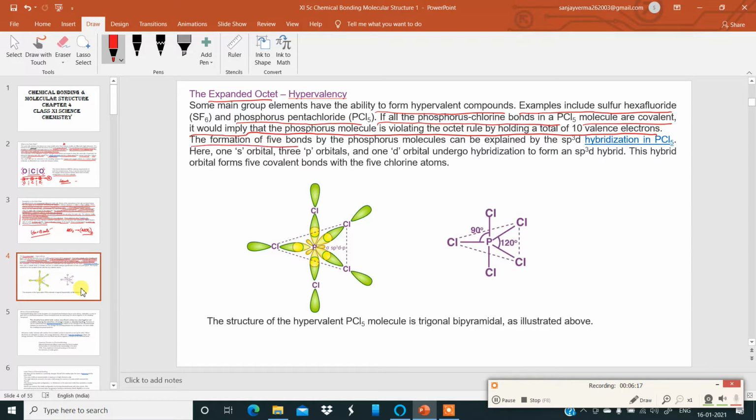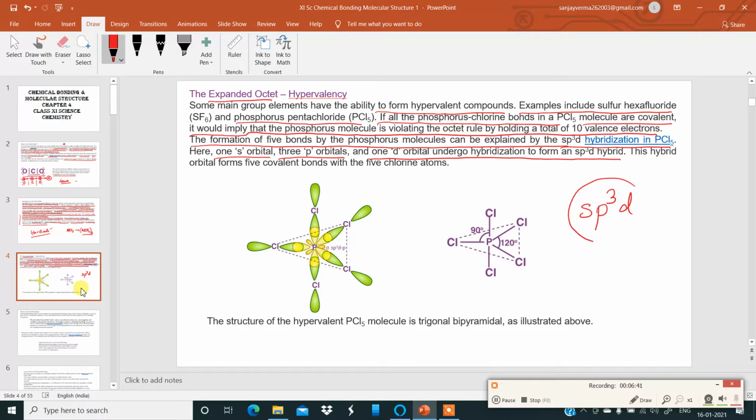The formation of 5 bonds by phosphorus can be explained by sp3d hybridization in the PCl5 molecule. So remember here, 1 s orbital, 3 p orbitals and 1 d orbital undergo hybridization to form sp3d hybrid orbitals.